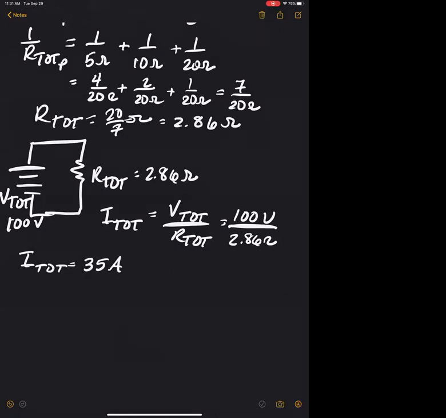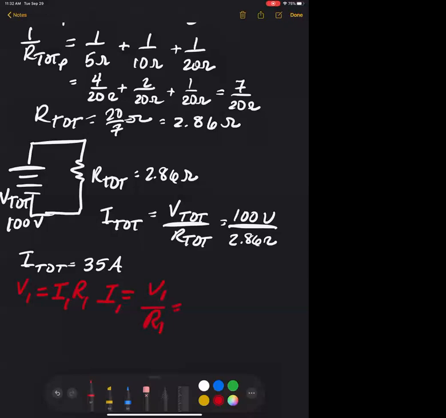So now what I can do is I can go back to my individual ones and I can say, okay, well, V1 is equal to I1 R1. So I1 is V over R. Okay.